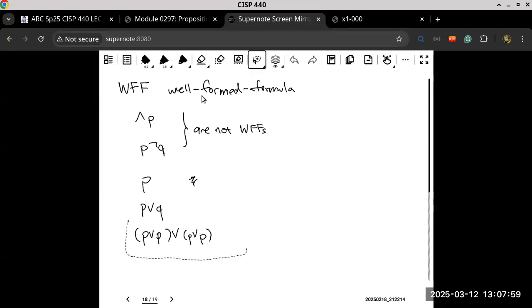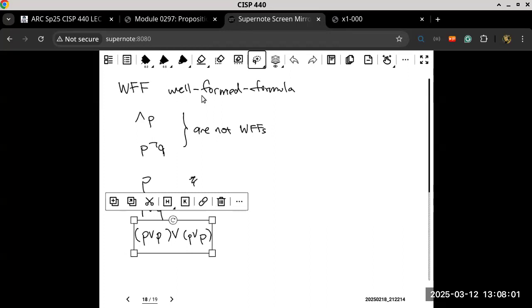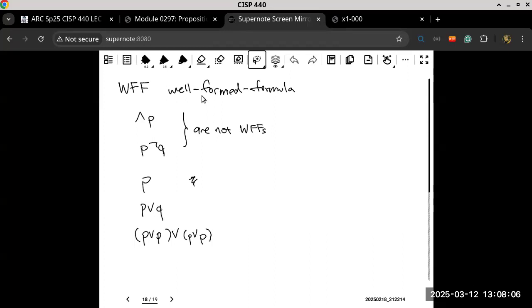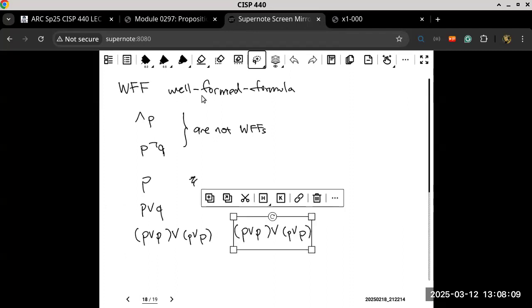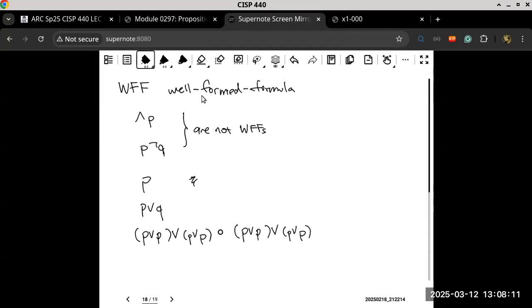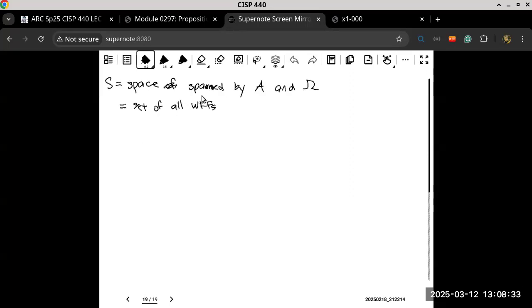I can copy this and paste it here, and then put an "or" between those two. Do you think the new expression is also well-formed? Yes. And I can keep doing this until the end of time, or doomsday. So that means the space is infinitely large.